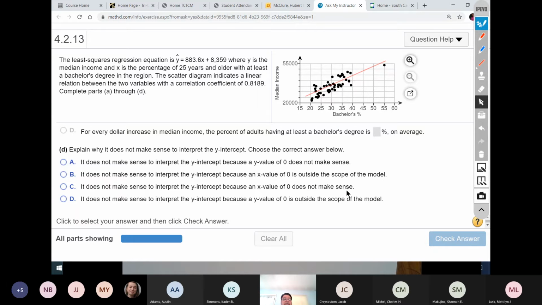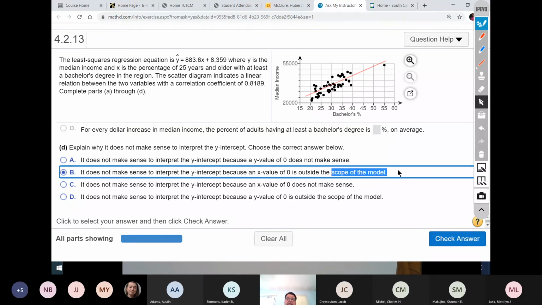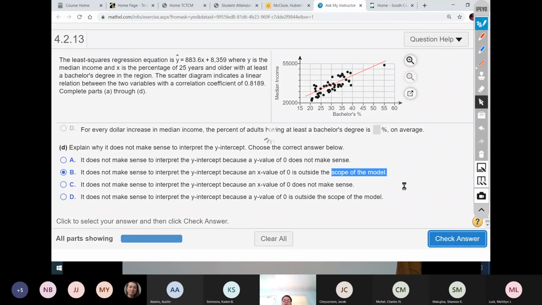I thought there was one that said it doesn't make sense. The answer is either Bravo or Charlie. I think Bravo. Remember statistics, they like the sophisticated wording. What sounds more sophisticated: does not make sense, or outside the scope of the model? Outside the scope. Yep, and that's your answer.